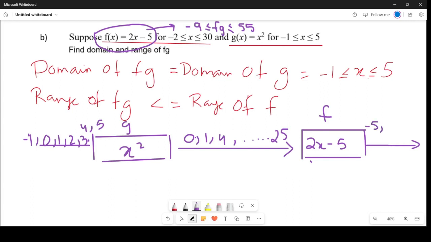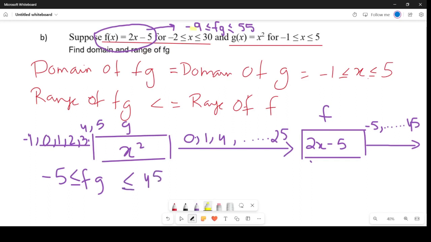And what's going to be the biggest value here? 25 times 2 is 50, minus 5 is 45. So our range of fg is between -5 and 45. Is it the same as the range of f? No, it's not. It's slightly less than that, right?